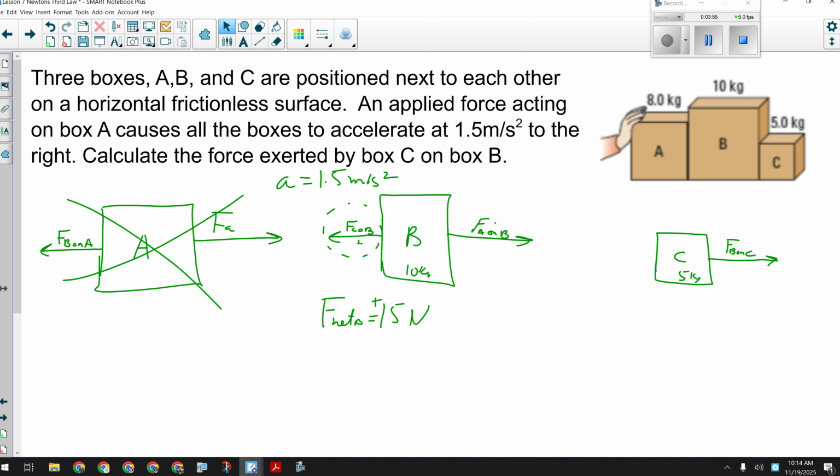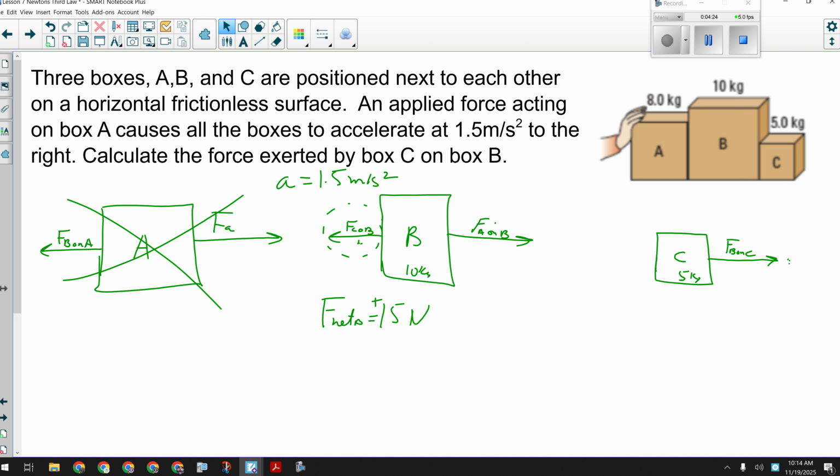But in this system, there is another force that is equal to that force in the opposite direction. This one. The only reason C pushes on B is because B pushes on C. Does everyone follow my logic there? According to Newton's third law, those two forces are equal but opposite because they're an action-reaction pair.